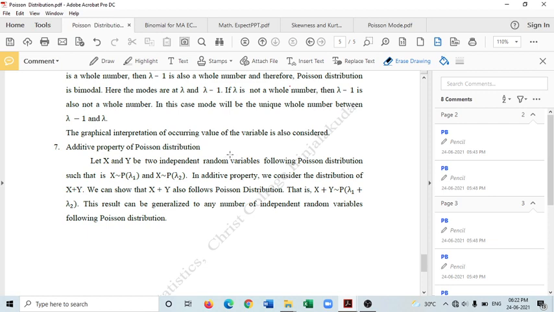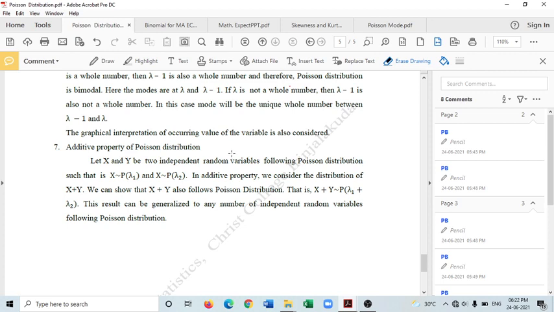This is a very outstanding property of Poisson distribution: that summands have Poisson distribution indicates that the sum of the variables also has Poisson distribution. So that is very much applicable in finding probabilities of the distribution of the sum of different Poisson random variables.